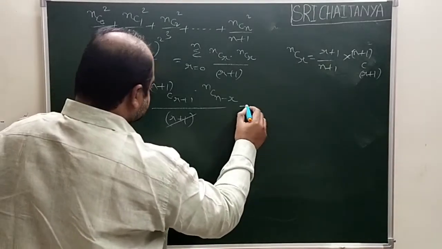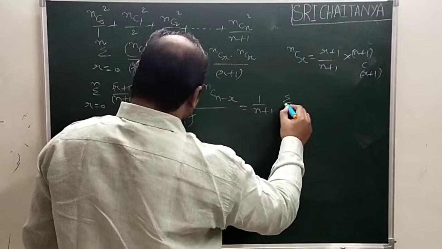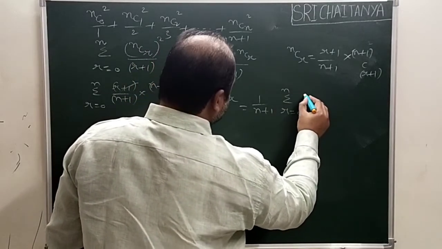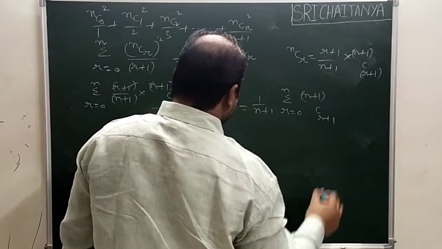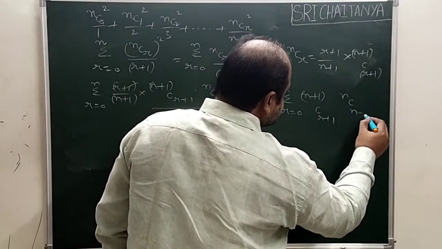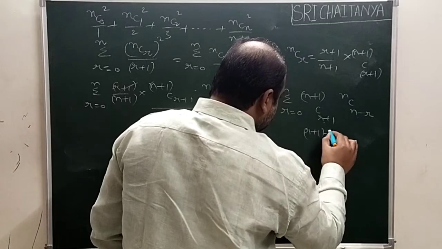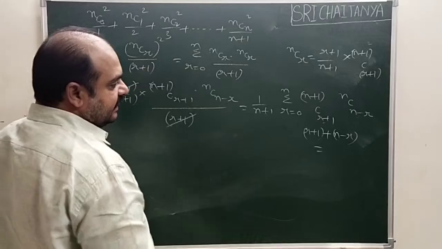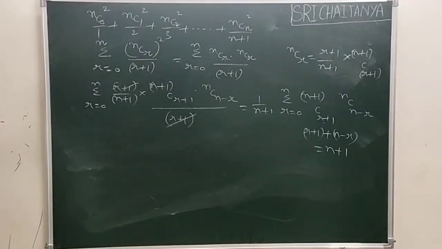So now this comes out to be 1 by n plus 1 sigma r equal to 0 to n of n plus 1 c r plus 1 into nc n minus r. Why I have written nc n minus r: if you look at this plus this, you get n plus 1, which is constant, independent of r.